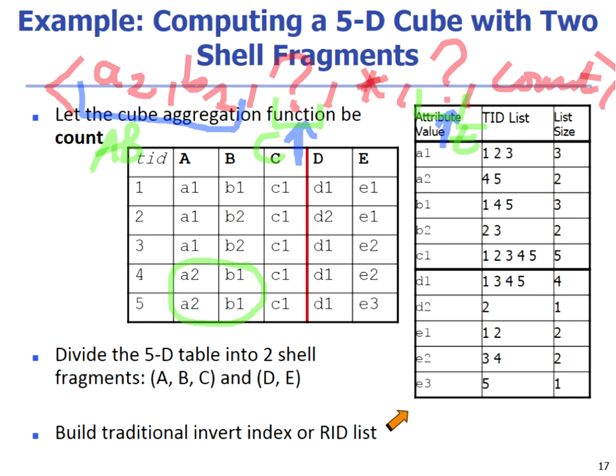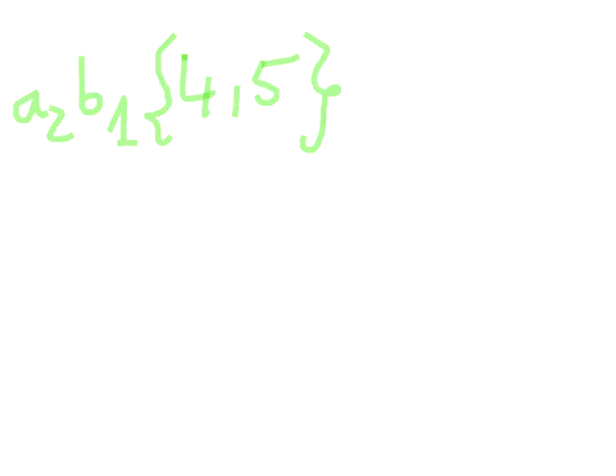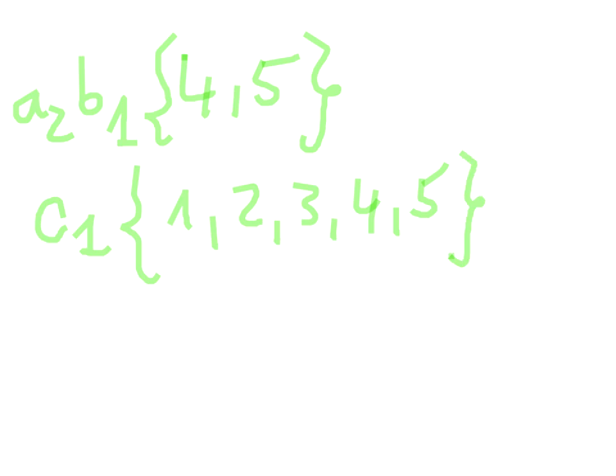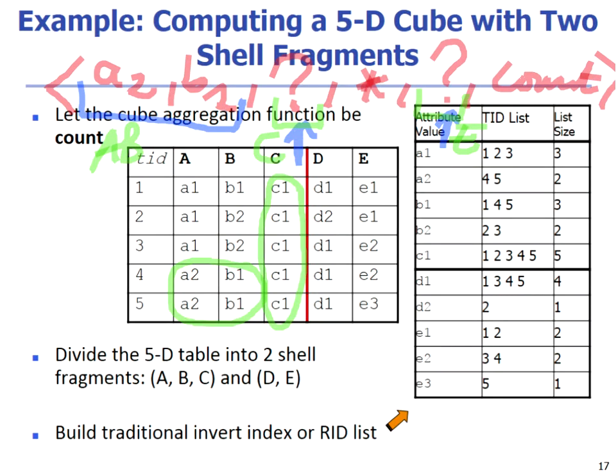Okay, after that, for C, we have only the value C1, and C1 exists on 1, 2, 3, 4, 5. Okay? After that, E. For E, how many possible values do we have?